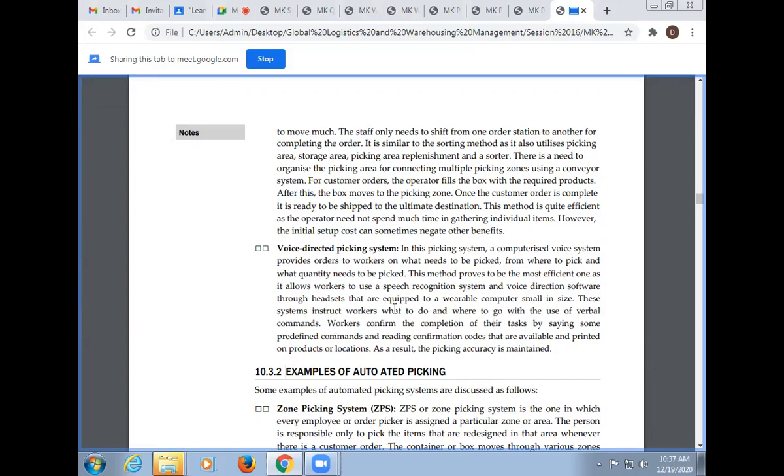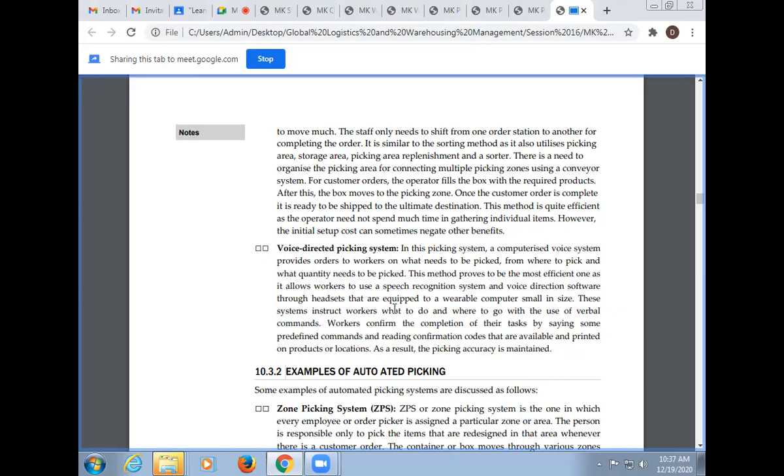The voice-directed picking system instructs the worker what to do and where to go with the use of verbal commands. This is a very important system. The voice gives direction to all the workers on where to go and what to do.